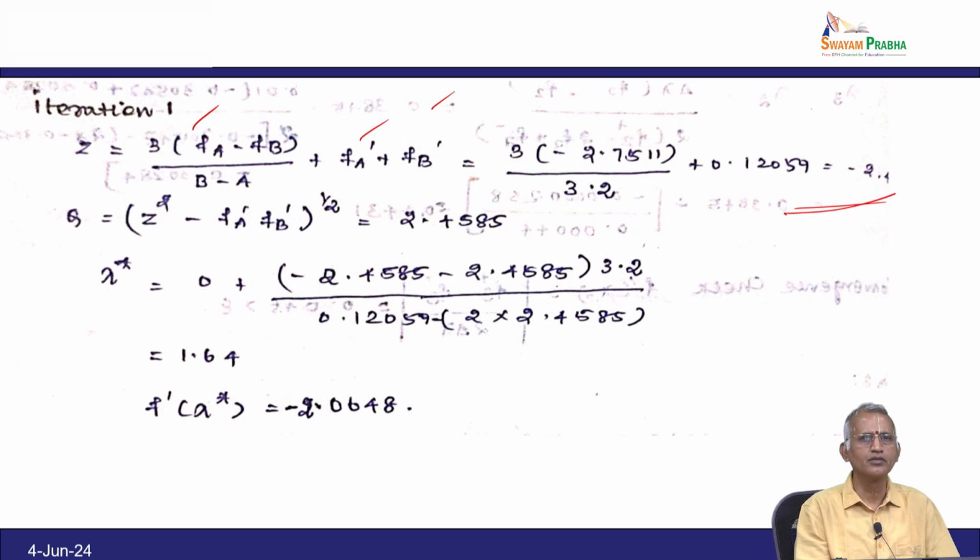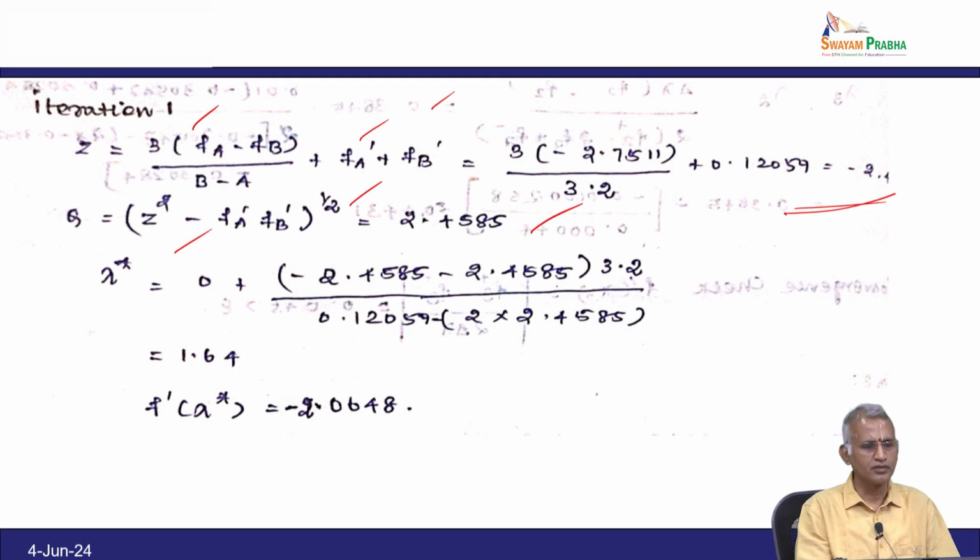Therefore, q is equal to (z square minus f a dash f b dash) whole power half, and z value is minus 2.4. So, minus 2.4 the whole square, and f a dash is 0 and f b dash is 0.12059. Substitute it and take the whole power half. So, 2.4585 is the q value.